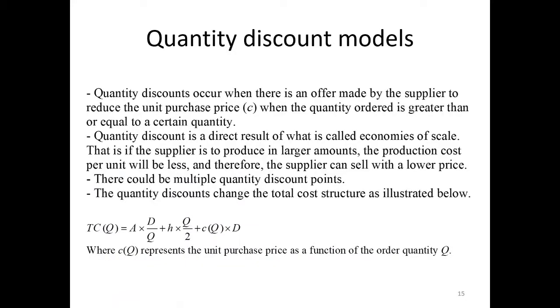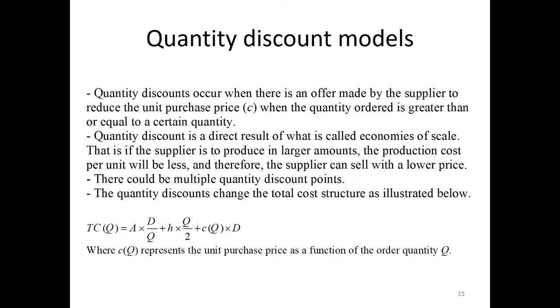The third extension that we are going to look at now is the quantity discount models. What happens in quantity discounts is that the supplier sometimes might wish to promote the sales of its products. In this case, the suppliers might benefit from reducing their selling price per unit if a customer wishes to increase its ordered quantity.